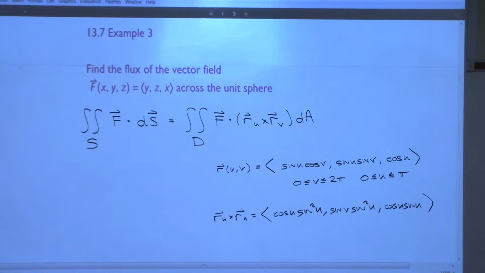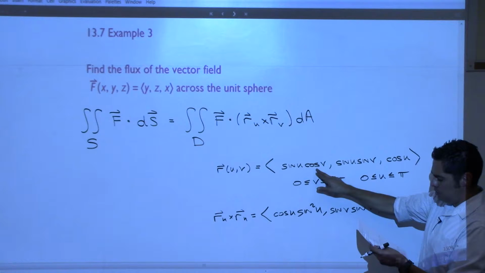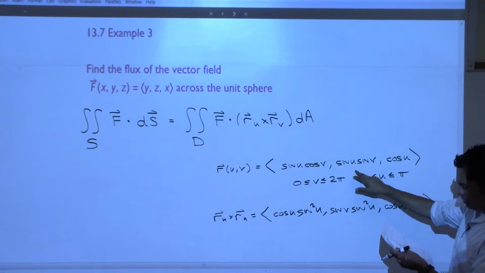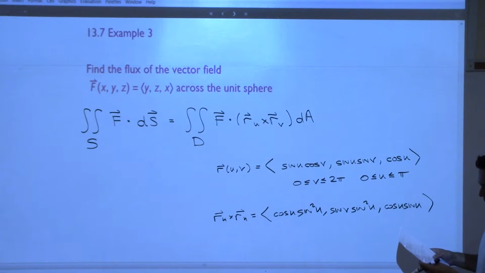Cosine V sine squared U. Okay, see, this is where I knew we'd run into a problem. Hold on. Cosine V sine, and then it was sine squared sine.